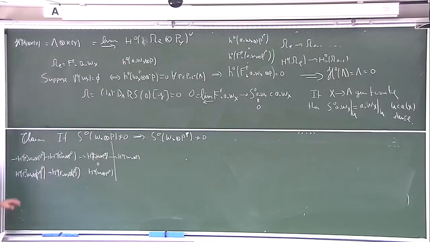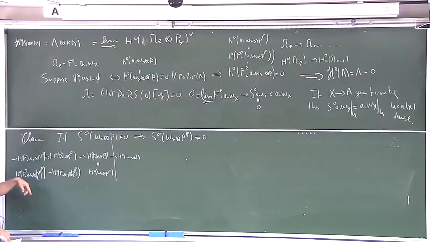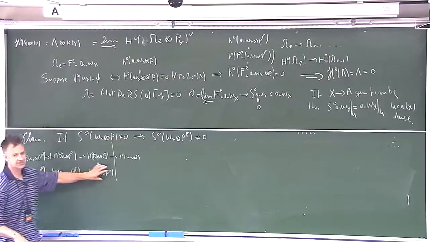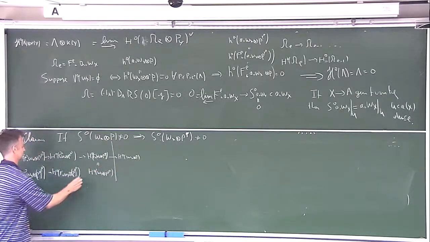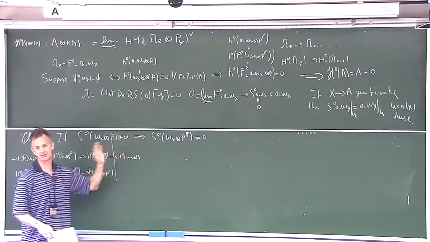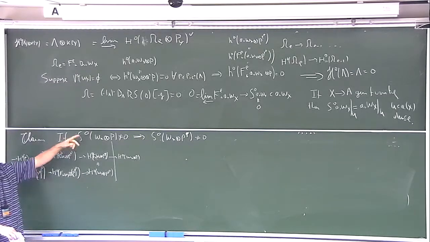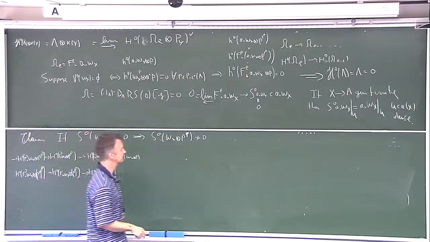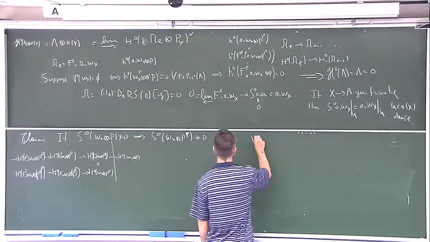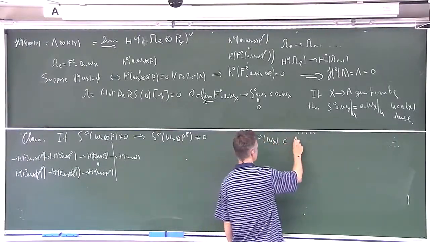Okay, so if all of these maps are non-zero, then all of these maps here have to be non-zero. I can probably show that the dimension of these two spaces are the same as well, but this argument just shows that if this is non-zero, then the other one is. Now think of V0 of omega_X as being contained in A hat.